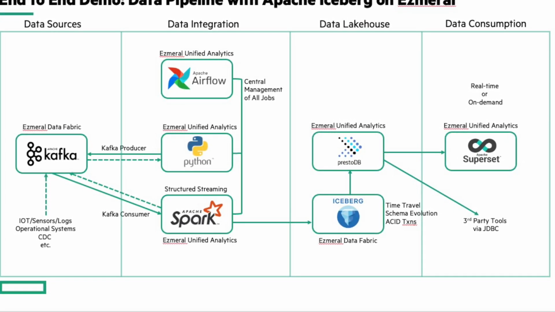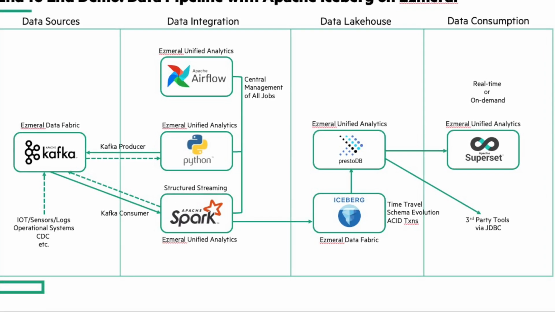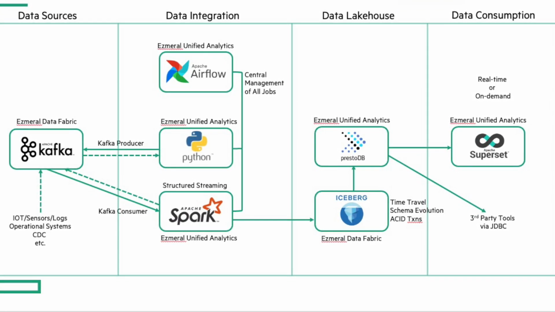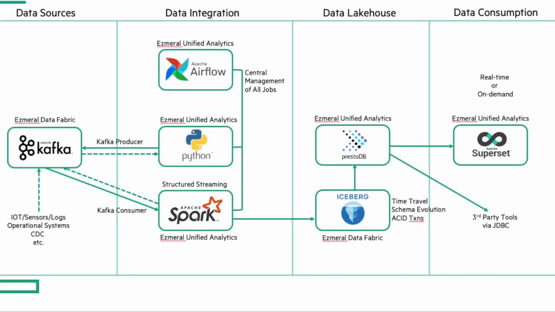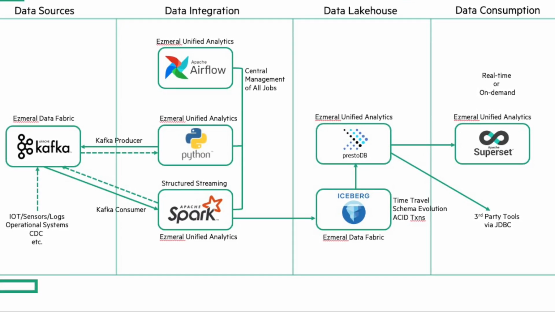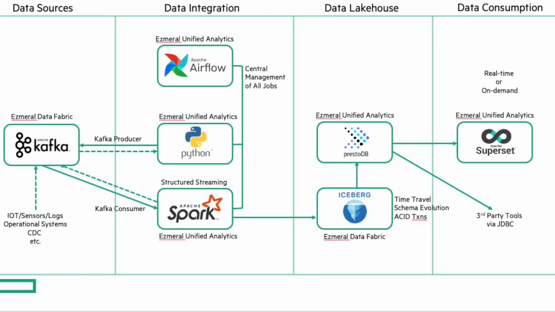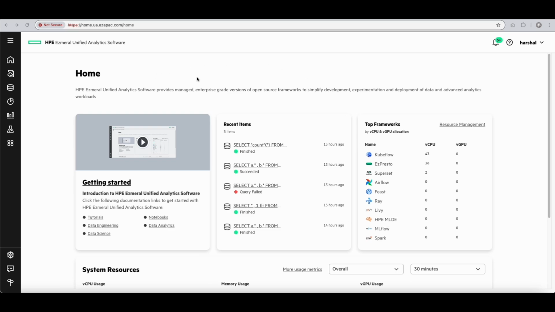The data pipelines will be controlled via Airflow, and the data storage is provided by data fabric, Ezmeral Data Fabric, both as S3 and the Kafka element is provided from data fabric. So all of this integrates the entire portfolio. So we will start looking at it now.